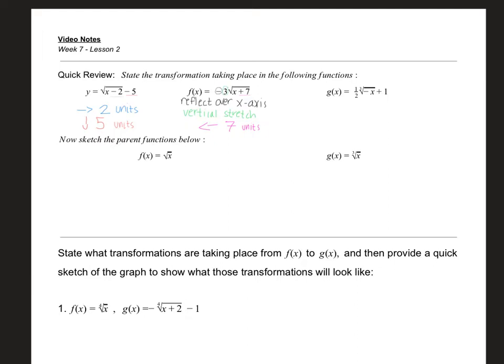Last question, talk about how to begin. High five, man, we really got some skin in it. I'ma show you how. Negative inside, flip across y. Half outside, vertical shrinkify. Can't forget about adding on that 1 outside, to the sky it's gonna slide. Woo! There it is. Little Tuesday slide.